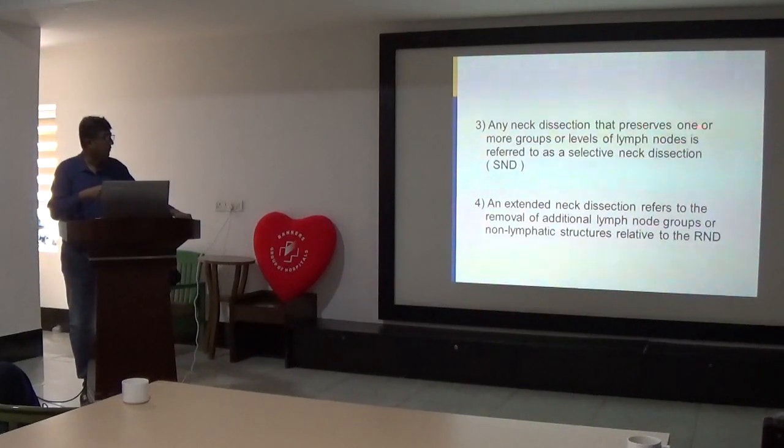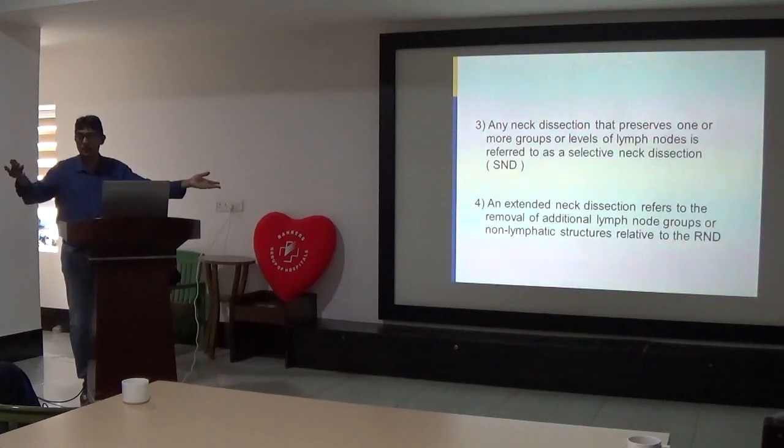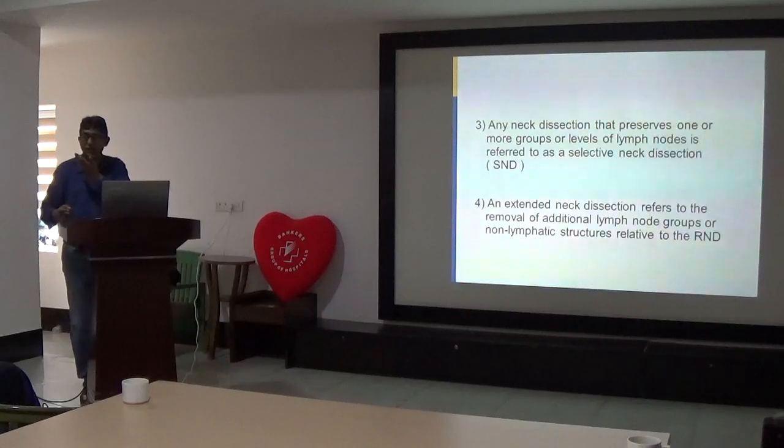Any neck dissection that preserves one or more groups of lymph node levels is referred to as selective neck dissection. So when you have oral cavity cancer and you know it will only metastasize to level 1 to 3, you just remove those levels and preserve level 4 and 5. That is called selective neck dissection. And anything more than a radical neck dissection, where you remove the carotid artery or the skin over the neck, is called extended neck dissection.